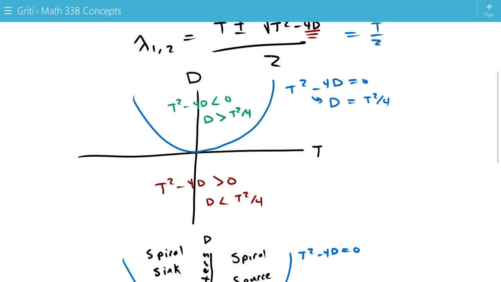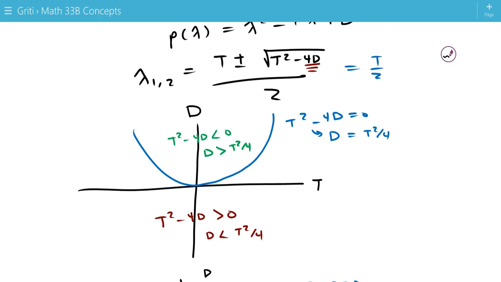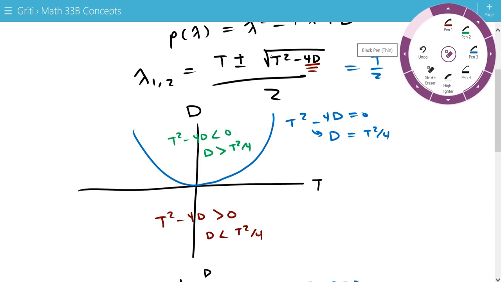The reason we have a saddle is because if d is negative, then this is positive. That would mean this whole thing would be a large quantity, and this plus or minus would ensure that we got a positive and a negative eigenvalue regardless of what the trace was.